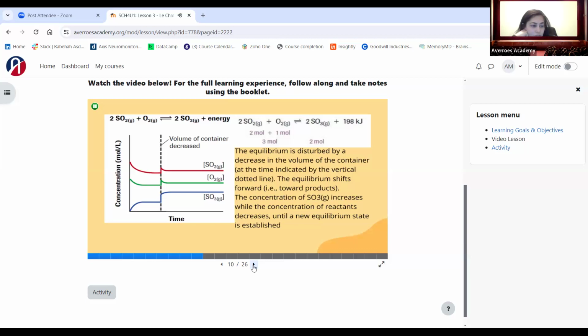So the equilibrium is disturbed by a decrease in the volume of the container, at the time indicated by that vertical dotted line in the graph. Therefore the equilibrium shifts forward, towards the products. The concentration of SO3, your product, increases, while the concentration of the reactants decreases until that new equilibrium state is established.